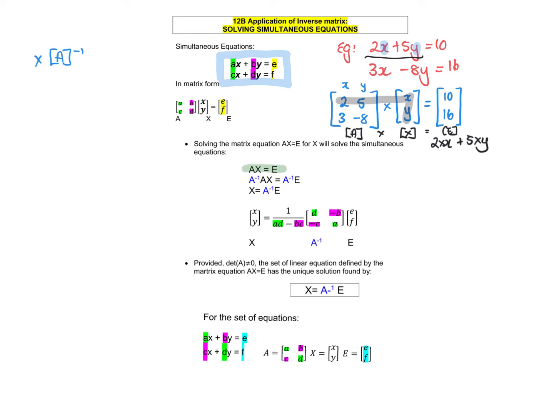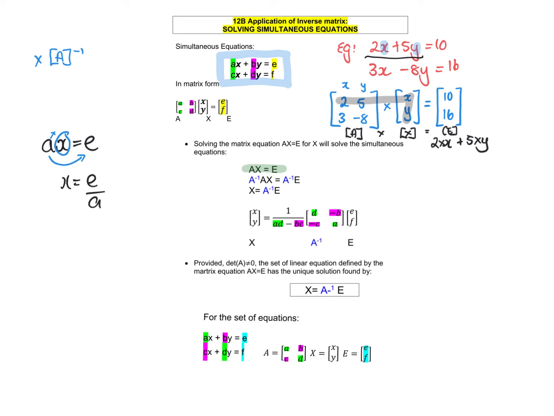So essentially, if you had that scenario in an equation, say if I had AX equals E, if you were trying to get this X by itself, you would move this A over the equal sign. And because it's multiplying over there, it would divide over here.